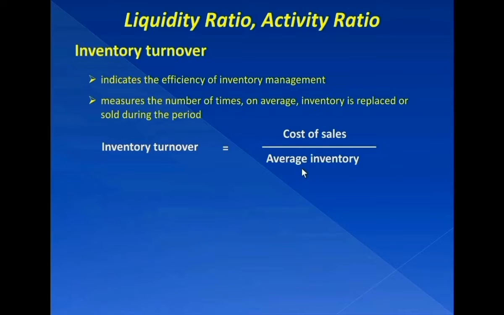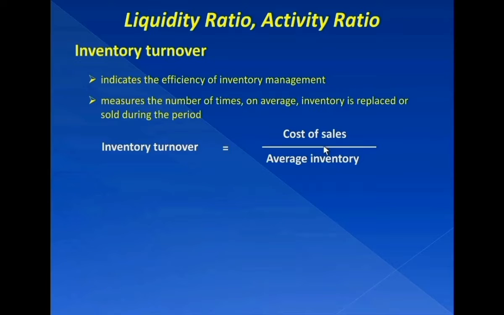Remember? How about the numerator? How can we easily remember that the numerator must be the cost of sales or cost of goods sold? Simple. Just recall one lesson you learned before, which I elaborated in the video about periodic system and perpetual system. When merchandise inventory is sold, the asset merchandise inventory becomes an expense.